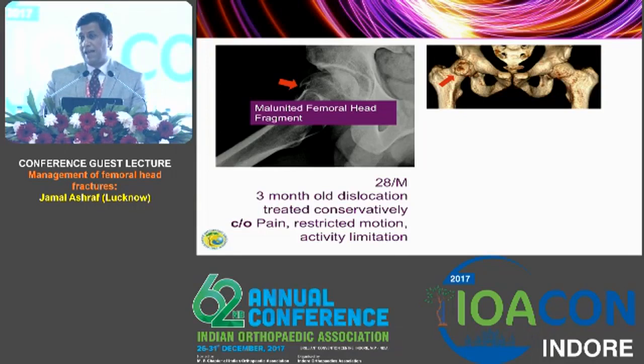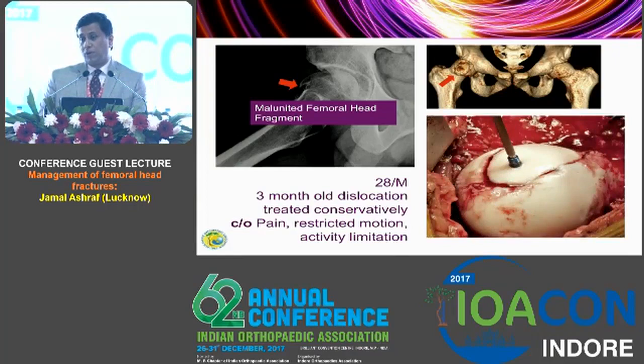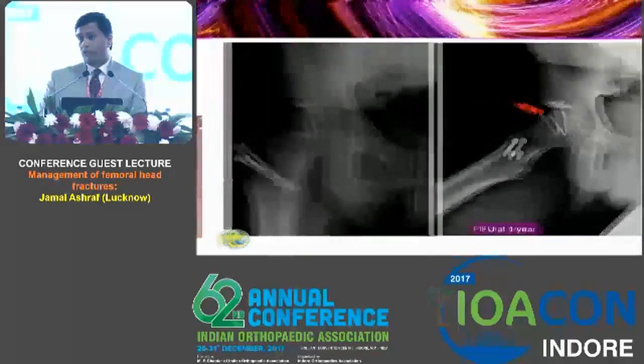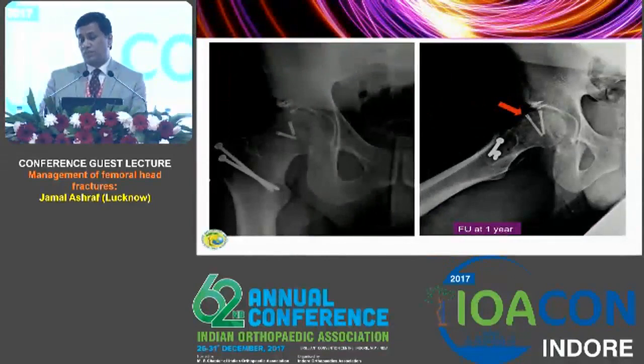There is a malunited femoral head fracture, which is then put into the right place and fixed with 2 Herbert screws after a posterior approach, along with a flip osteotomy. Follow-up at 1 year shows that the fracture has united.